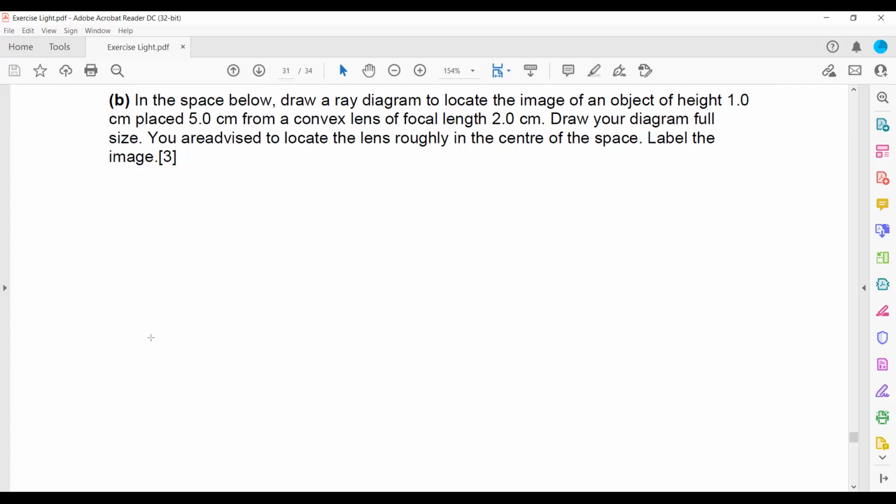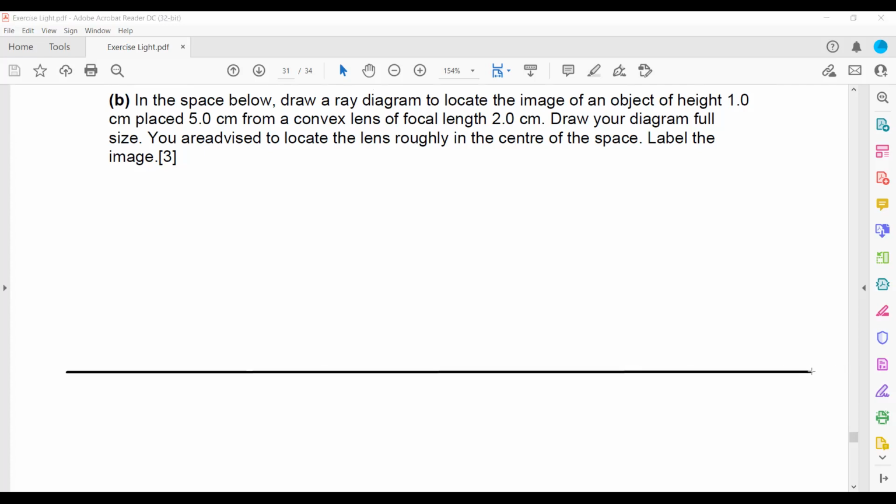So what we do, first we draw a principal axis. Always draw the principal axis. First draw a horizontal line, which is known as the principal axis. After drawing the horizontal line, mark the center of this line. Like if you draw say 8 centimeter, then 4 centimeter will be the center. And that is the position of the lens.